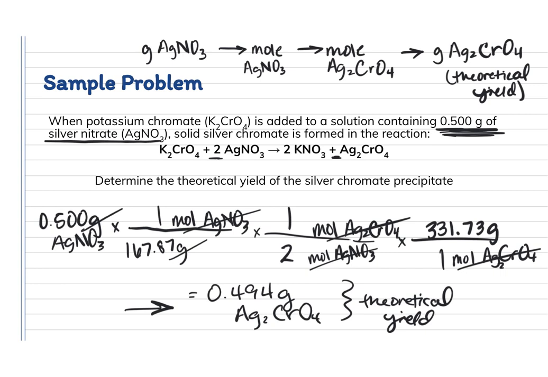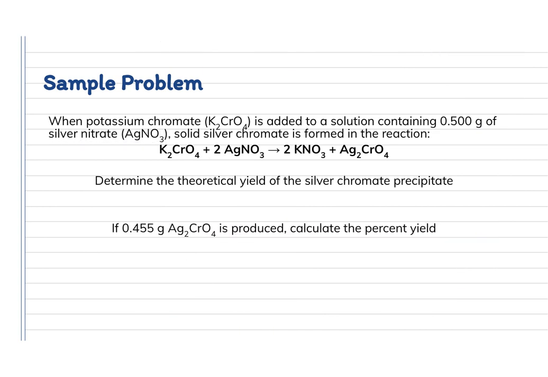However, did I make as much as I should have made? No. Look at this next part of the problem. We only produced 0.455 grams. So I made less. So I need to figure out what my percent yield is. The actual yield is what we found in the lab, 0.455 grams.